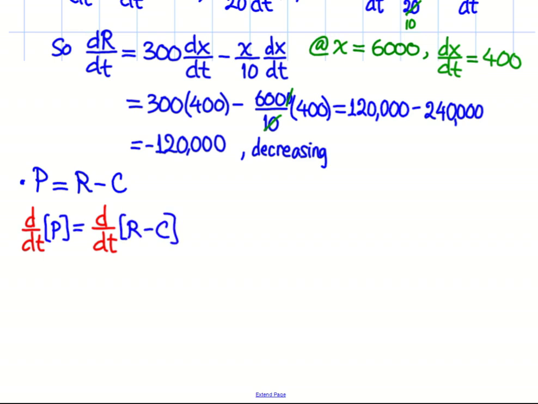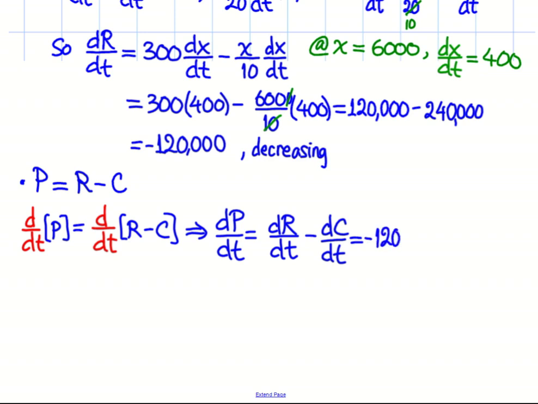And so we just have the derivative of the profit with respect to time is equal to dr over dt minus dc over dt. dr over dt is negative 120,000, and then minus dc over dt, that is 16,000.